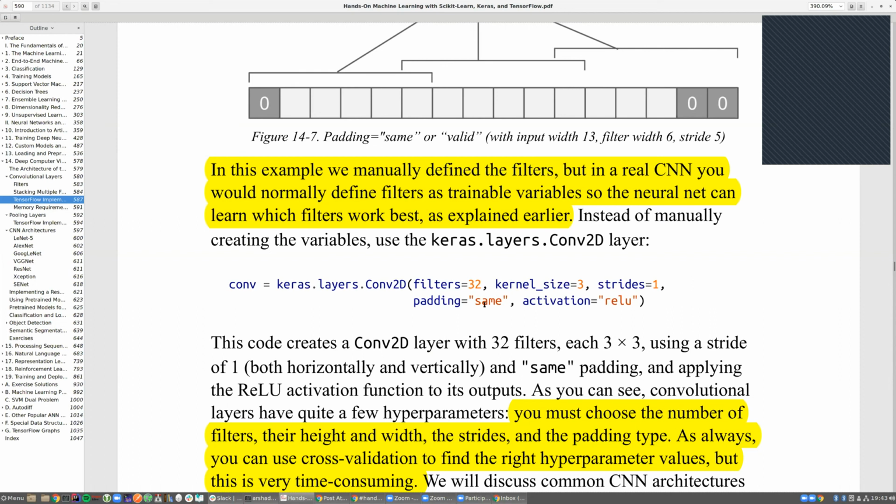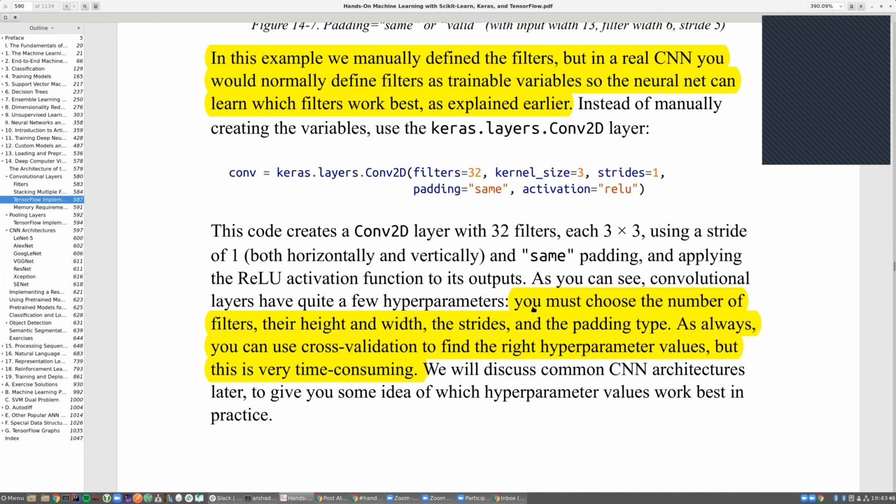The padding is set to same, so it'll pad if it's necessary. And the activation function is ReLU. Each filter applies this 3 by 3 kernel to compute the value, but then it applies the non-linearity to the final result because it's going to be used in a neural network. So that's the convolutional layer, what that represents.